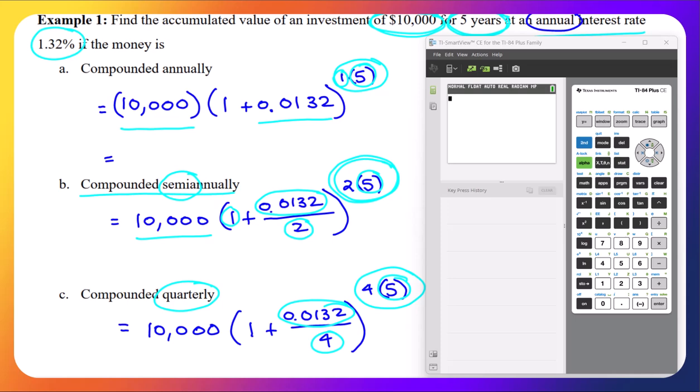So let me show you how to use the calculator and this formula.